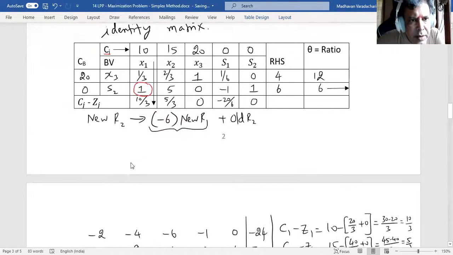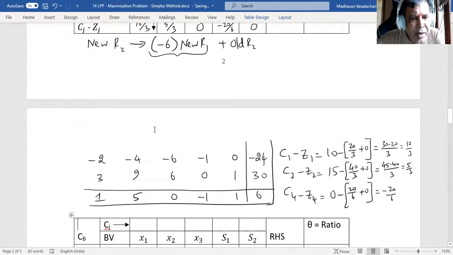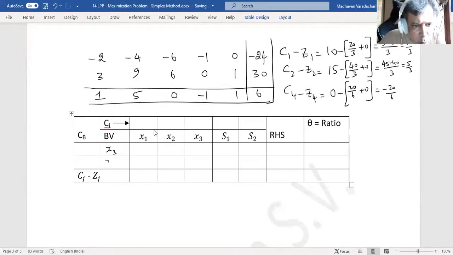Whereas this S2 is moving out, instead X1 is coming in, because S2 is the outgoing variable now, X1 is the incoming variable. So here I will write X1.